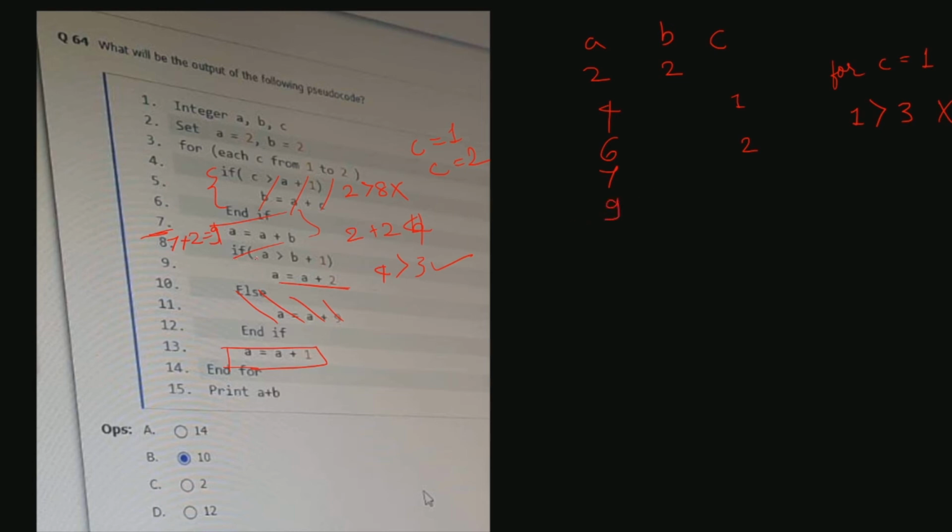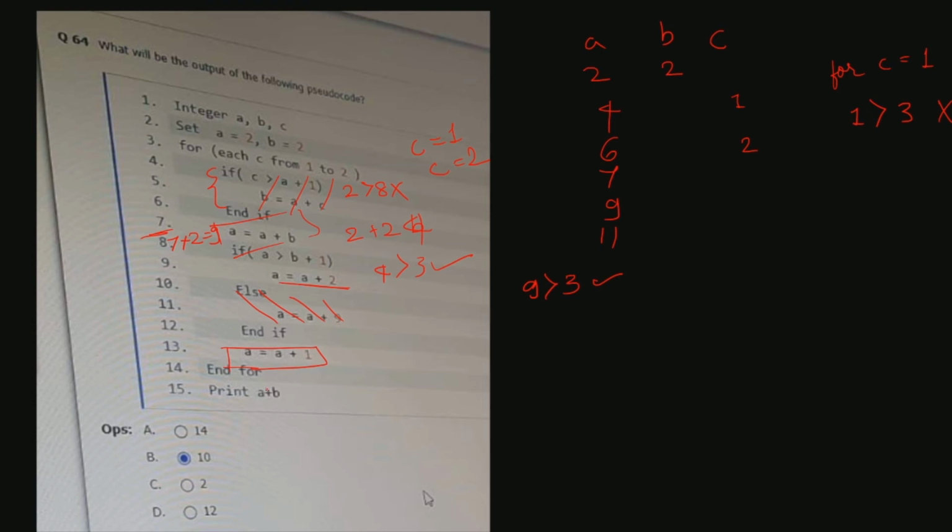Now if A is greater than B plus 1, like if 9 is greater than B plus 1, B plus 1 is 3, which is true. Now we will run this A equals A plus 2. So 9 plus 2 is 11. So our new value for A will be 11.